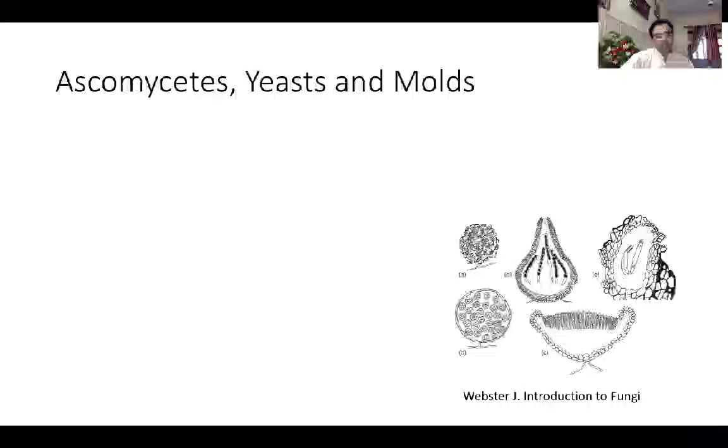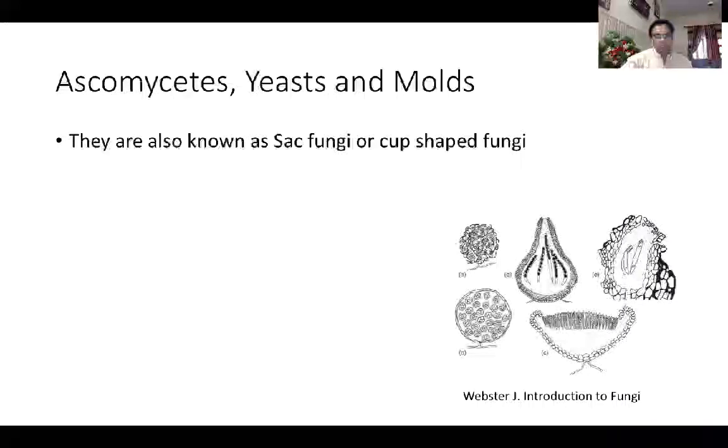Then the next important group of fungi are ascomycetes, yeast and mold. They are also known as sac fungi or cup-shaped fungi. They are known as sac fungi because of sac-like structures they contain.